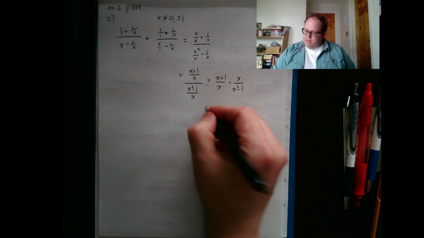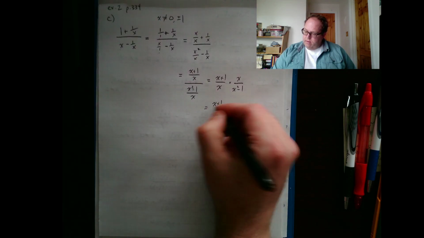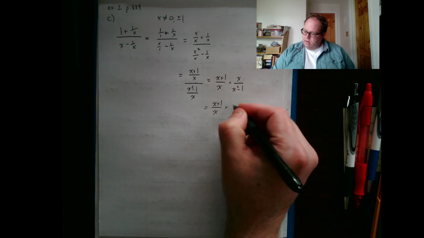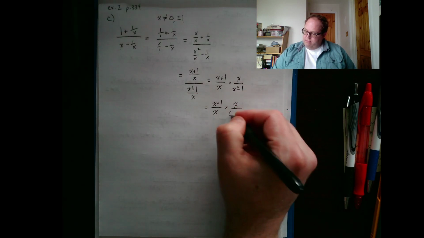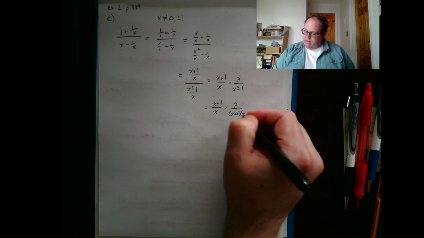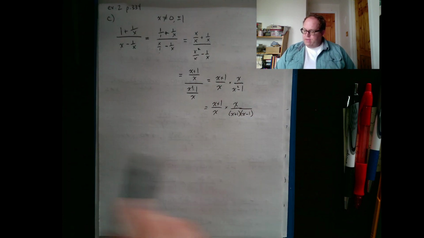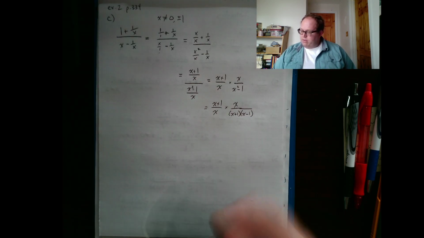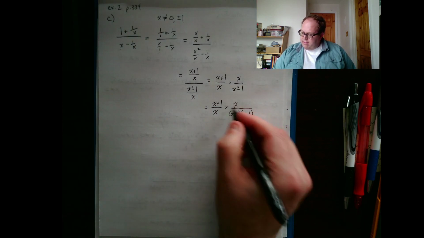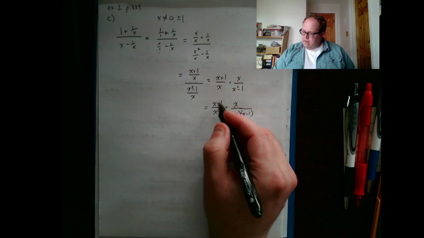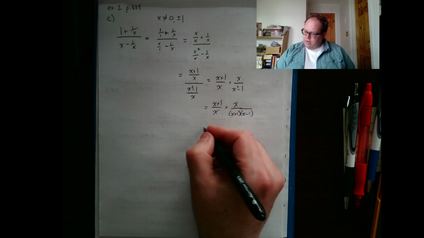I see there is something there I can factor. The perfect squares here on the bottom can factor to x plus 1 times x minus 1. I already know what all my non-permissible values are, so I can just cancel things out. X divided by x is 1. X plus 1 divided by x plus 1 is 1.